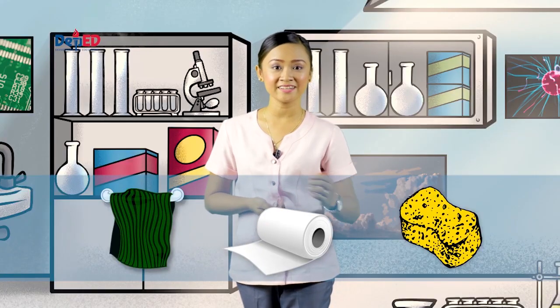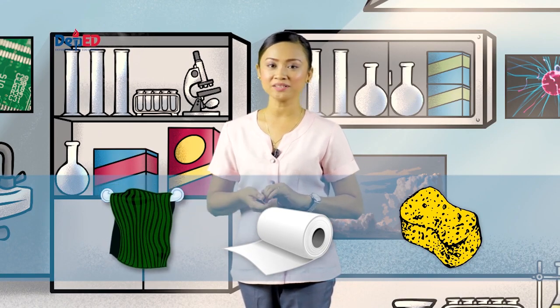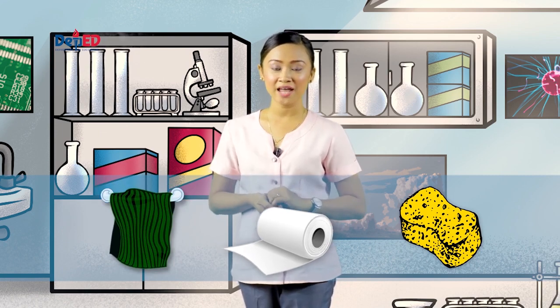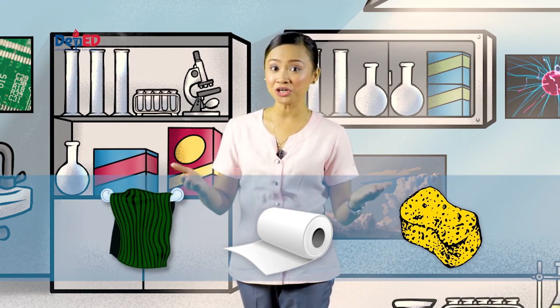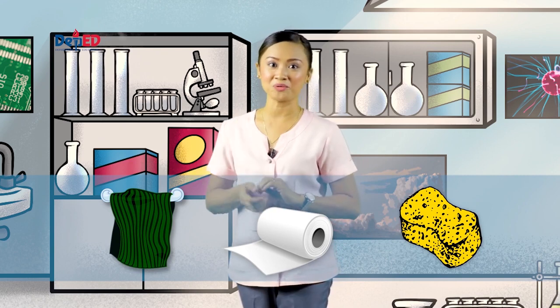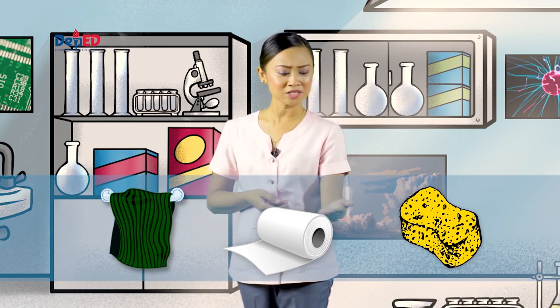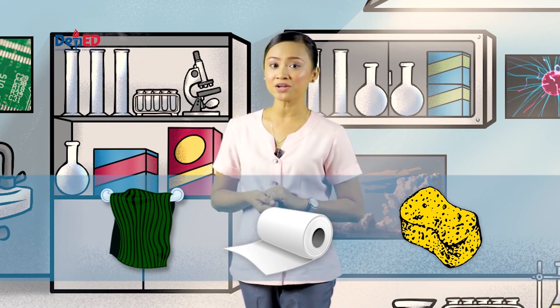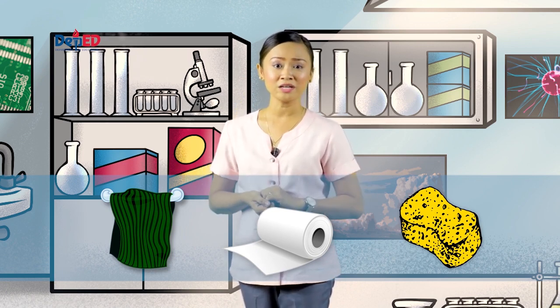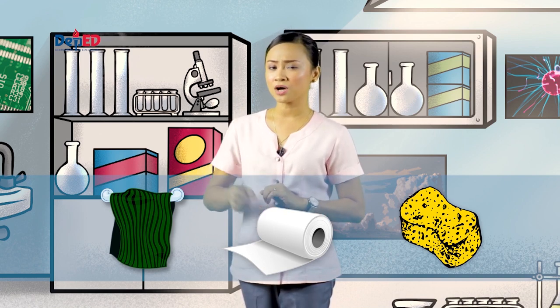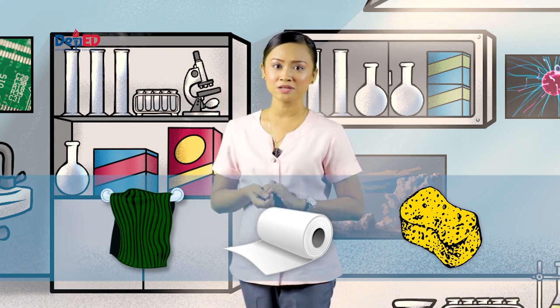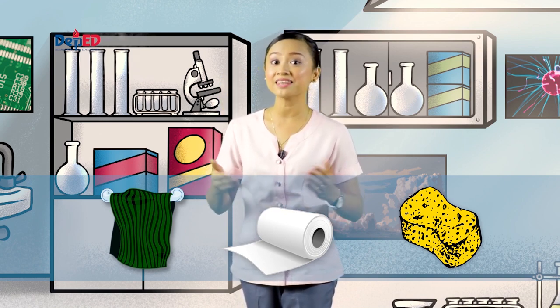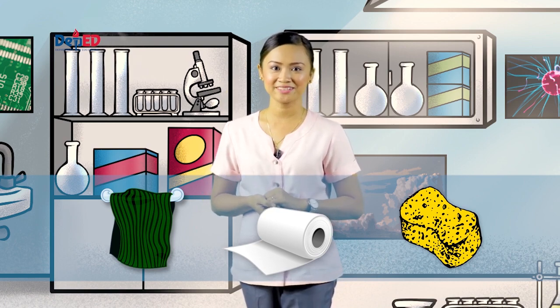In Set A, you can see a towel, tissue, and sponge which are good materials for absorbing water. They are commonly used at home for cleaning. The ability of materials to absorb water is due to the presence of holes or pores between the loose fibers that make up the material.